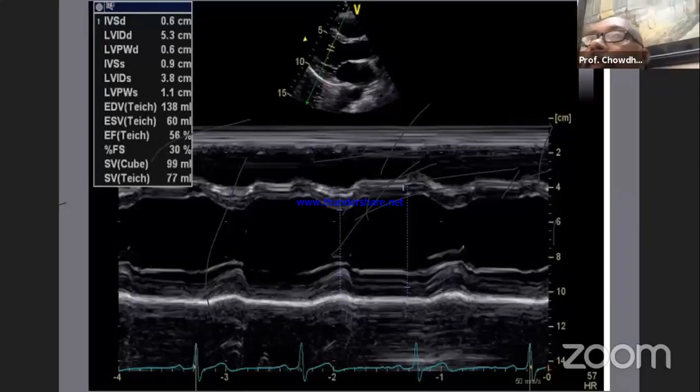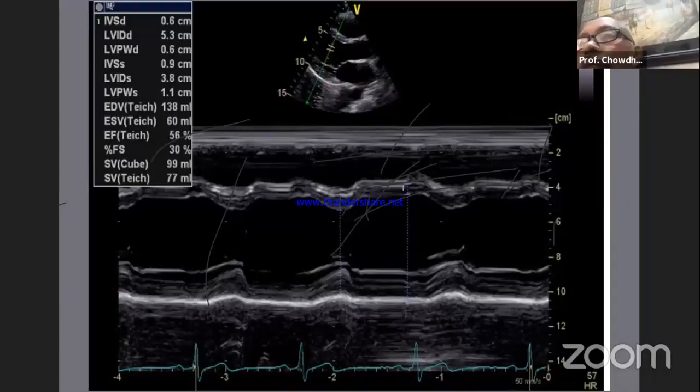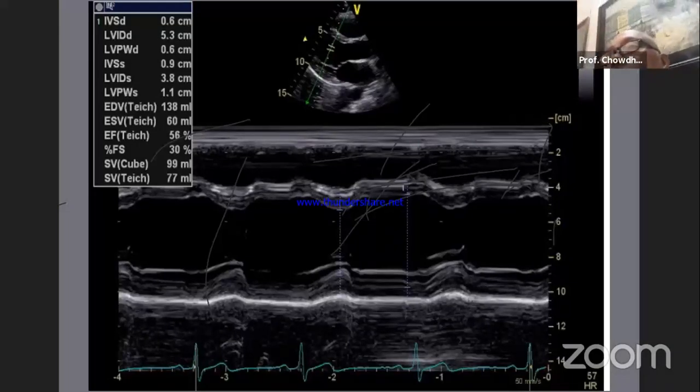In those cases, actually we should measure the interventricular septum in a different measurement. And nowadays, two-dimensional echocardiographic measurements are more preferred than M mode in measuring different dimensions of the left ventricle. So we can measure the interventricular septum separately, but we should put the cursor at the base to have reproducible results of ejection fraction when we use this M mode method.